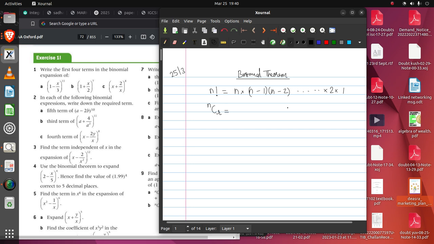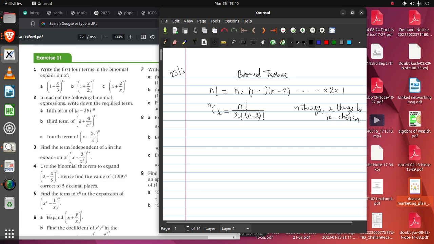It is n choose r, which means I have n things and I'm going to choose r things out of these n things, where the order is not important. This formula I hope you know: it's n factorial upon r factorial into n minus r factorial. It's not going to be every time that we use the NCR formula, but in some questions we will need this.